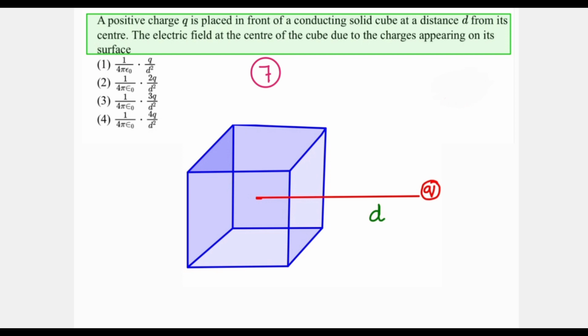Now, see here, this is a conducting solid cube. That's the first information we have to look into. Now, when you place a plus q charge here, at this face, negative charges will be induced. This is the near end; we can say this is the near face of the cube to the charge q. So in this face, negative charges will be induced.